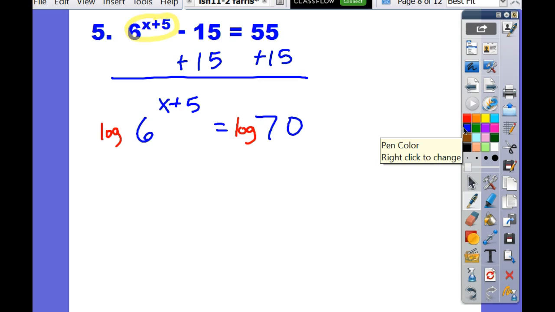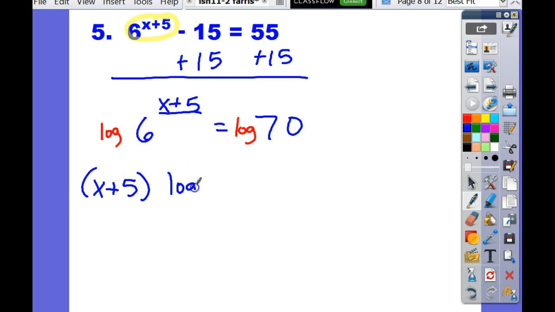The reason you take the log of both sides is so that this can come out in front using the power rule. This x plus 5 is the exponent. It should have a parenthesis around it because it's grouped together, because both of those were the exponent.